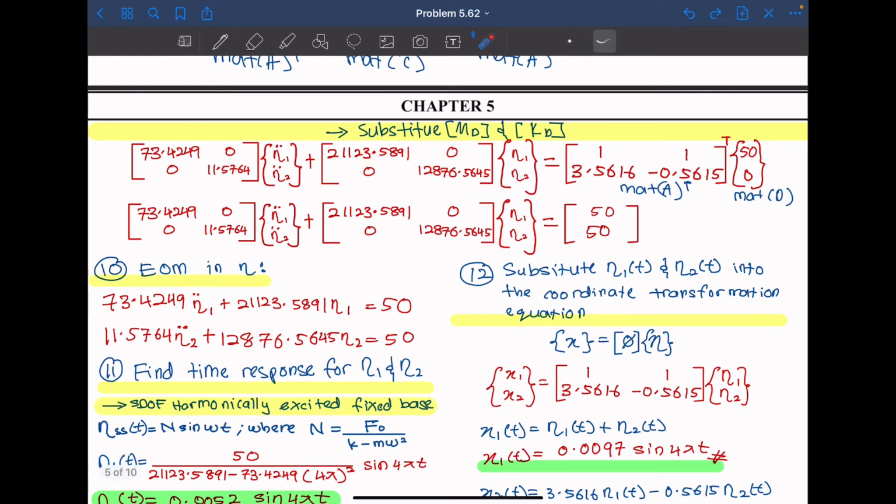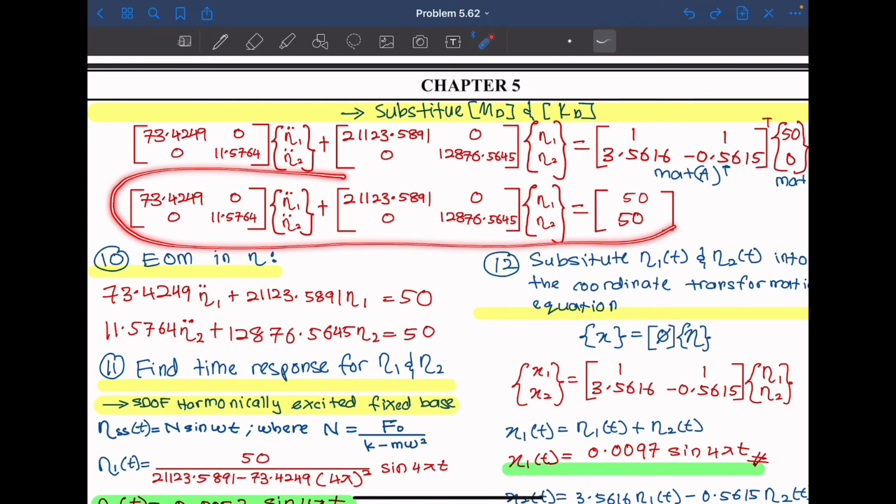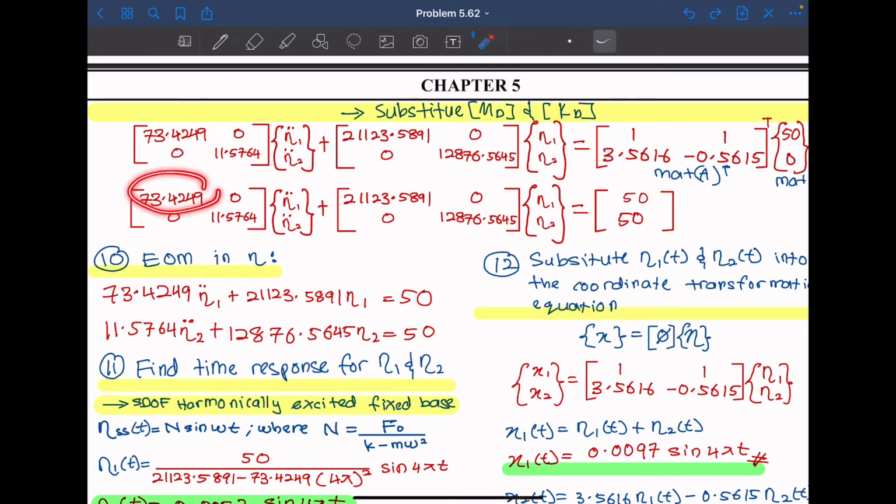Alright, so now from the new EOM, the equation of motion in matrix form in eta coordinates, change it into this, where 73.4249 for eta 1 double dot plus 21,123.5891 for eta 1 equals 50.